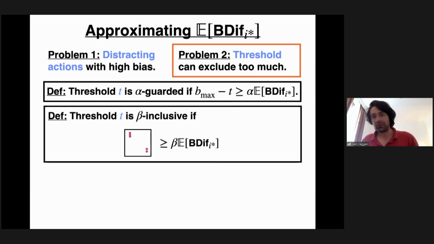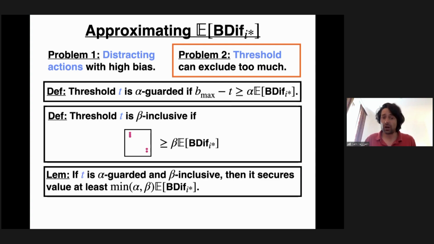So in particular, we'll define a threshold to be beta inclusive if the principal's utility from those points from opt that are still included in our threshold set represent at least a beta fraction of our bdiff term. Okay, so we've just got 2 definitions to say problem 1 can't happen very much, problem 2 can't happen very much. The cool thing is, these are really the only 2 problems that can happen.